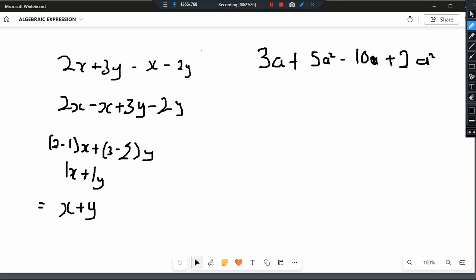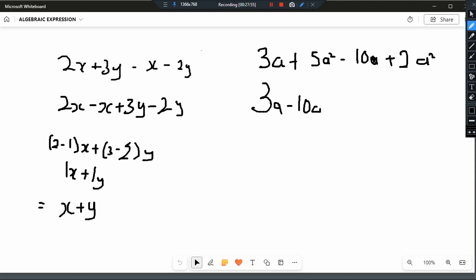So I will say a, another a is here, so they are like terms, so I will group them. Note, grouping them does not change the sign. I will group it as 3a minus 10a. So I've grouped the variables which are like terms.